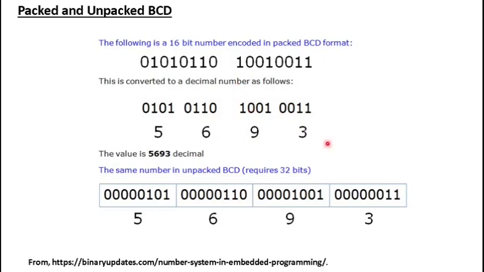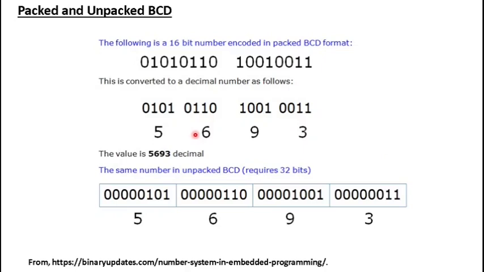So in a particular byte, two digits can be packed together. That is why it is known as packed BCD representation. If you have a 4-digit number, you can represent the entire number in BCD format in 2 bytes.